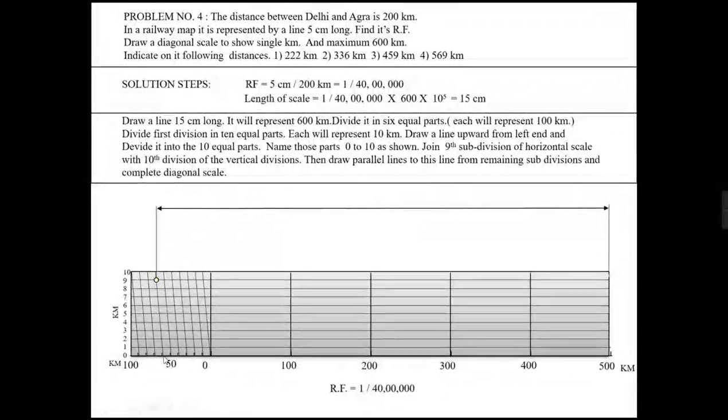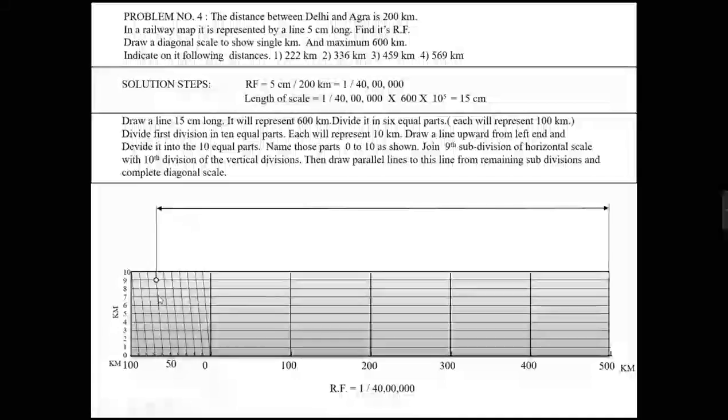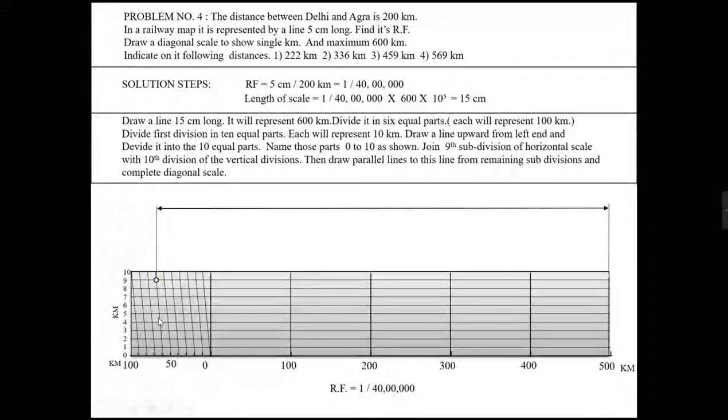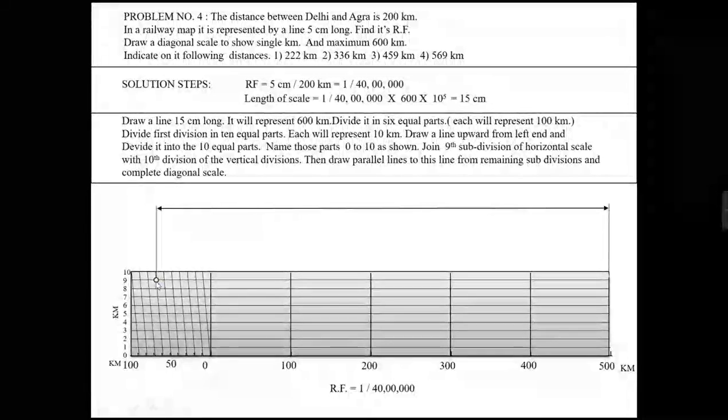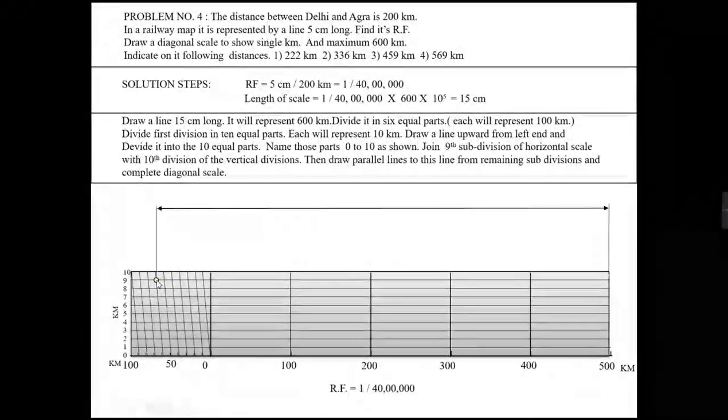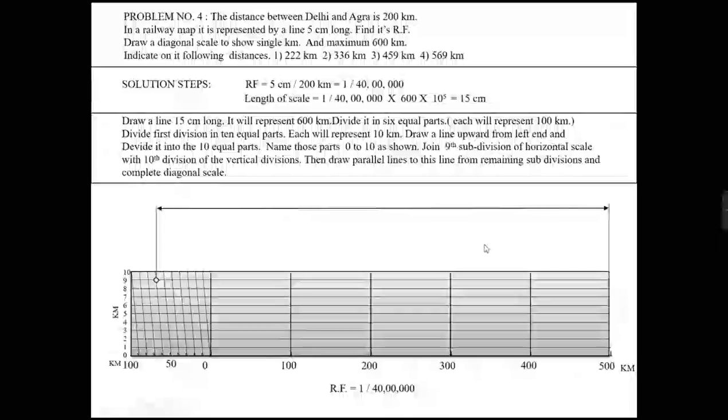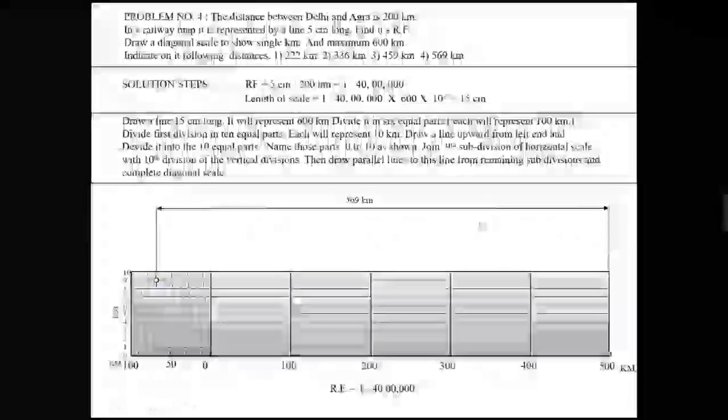For 9 kilometers you have to go up through this line, 1, 2, 3, 4, 5, 6, 7, 8, 9. So it is your 9, and this is your line which is showing this 60 kilometers. So this point is now showing the 69 kilometers. So from here up to 500 kilometers, it is showing the length of 569 kilometers.